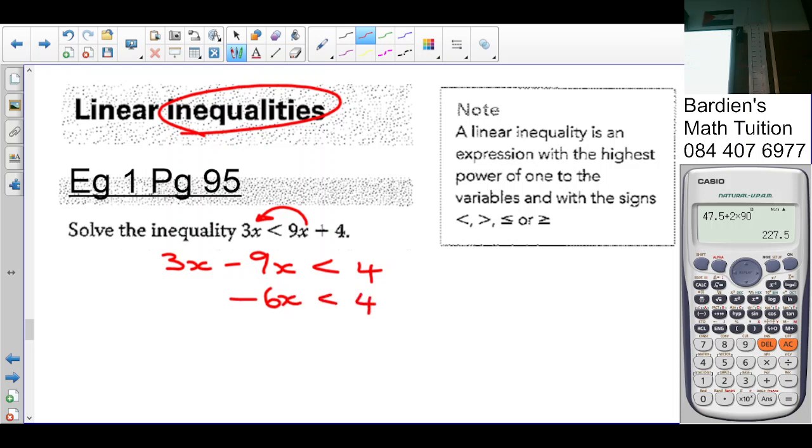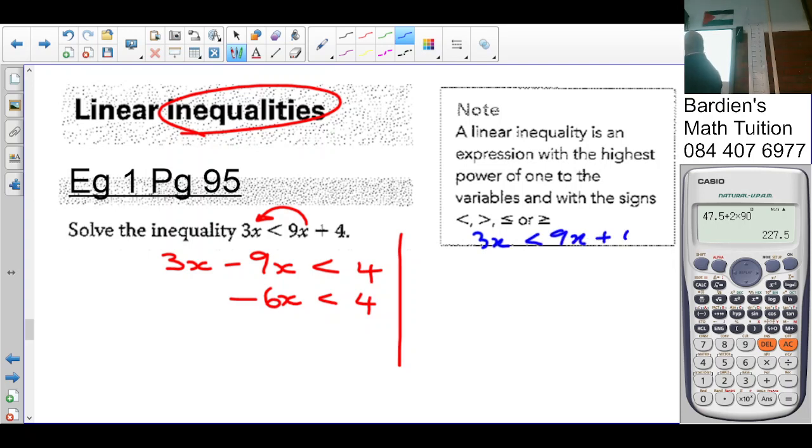So what do we do now? Before we go into that, let's go again. We got 3x is less than 9x plus 4. So I'm going to take a 3x this side, and I'm going to take a 4 on the other side.